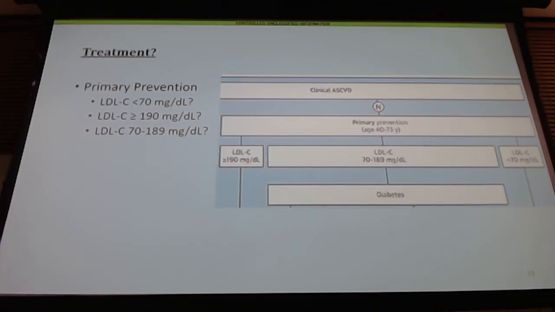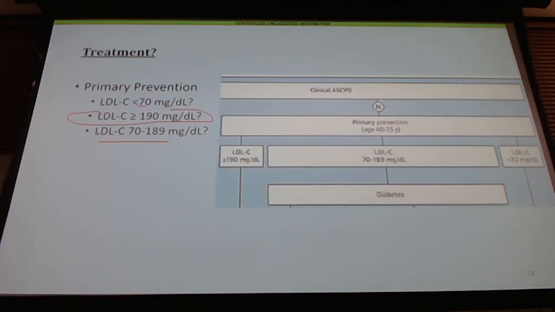You have your severely elevated range, so your LDL is greater than 190, and that's going to be one limb off of primary prevention. Then you have your borderline, which is 70 to 189. That's going to be a completely different limb of the algorithm. And then you have your less than 70, and that is a third leg to the algorithm for primary prevention, okay?